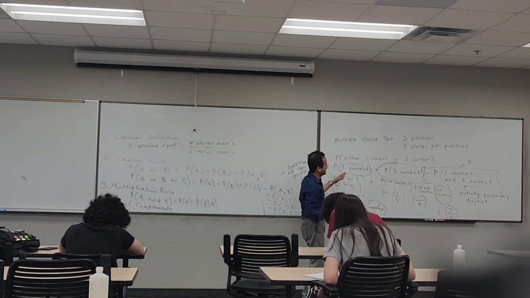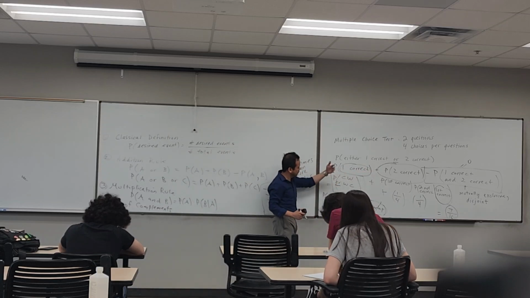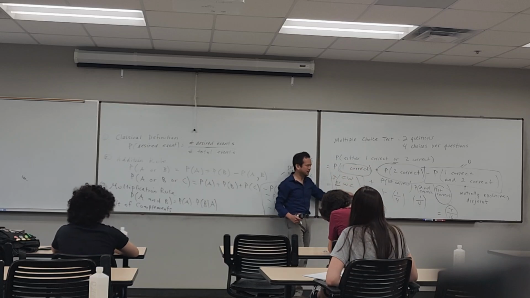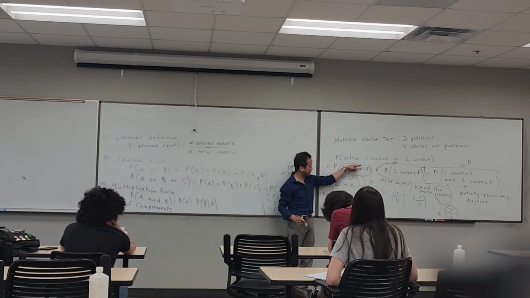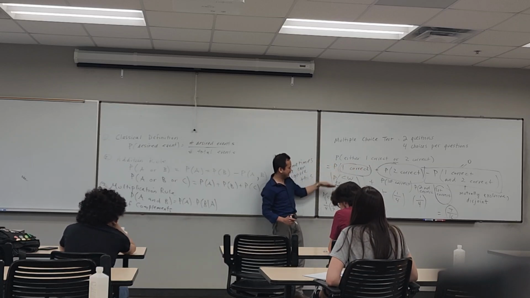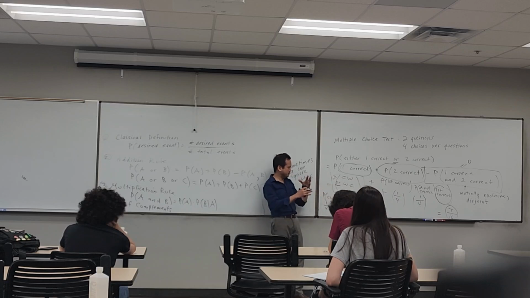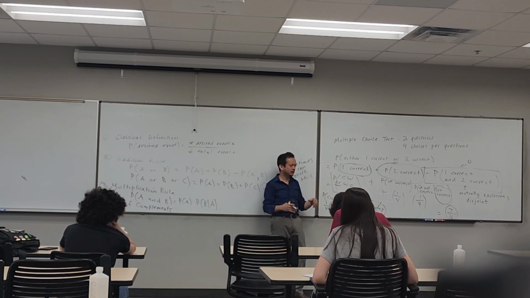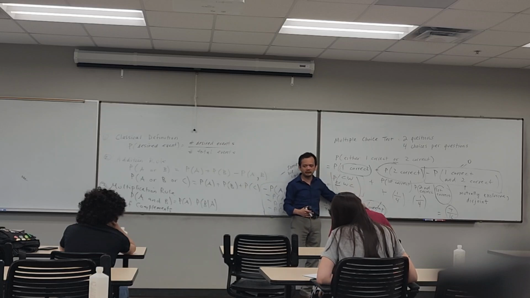So basically, this exact question, which we found by using the addition rule here, and you notice it was kind of complicated, because finding this probability of getting one correct actually expanded out into kind of many situations in which we had to account for. So it was kind of complicated, but that was one way to get the answer.